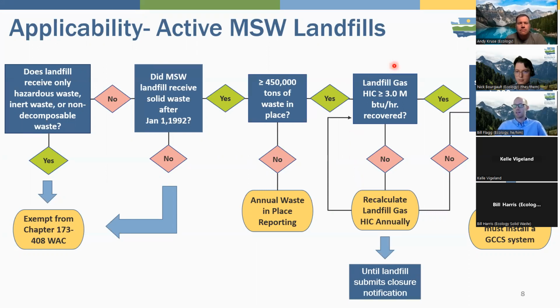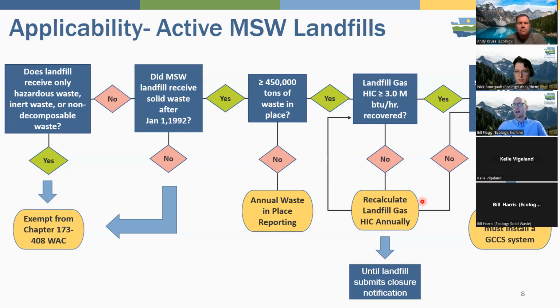Landfills that have breached this limit then will have a quarterly surface monitoring requirement, and this is for consecutive quarterly monitoring periods. So any landfill that shows over the course of 4 consecutive quarterly monitoring periods that it doesn't have 200 parts per million by volume of surface methane will have to go back and still do their landfill gas heat input capacity.